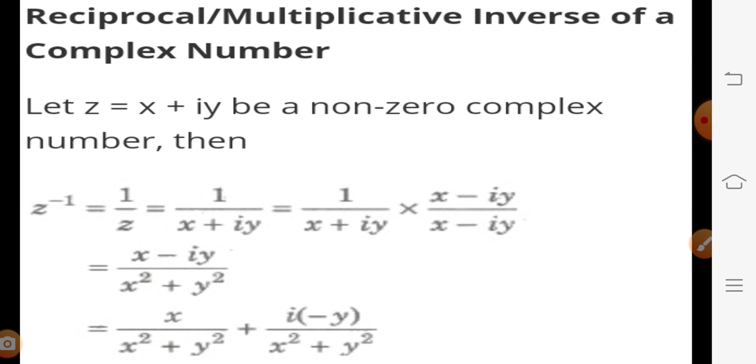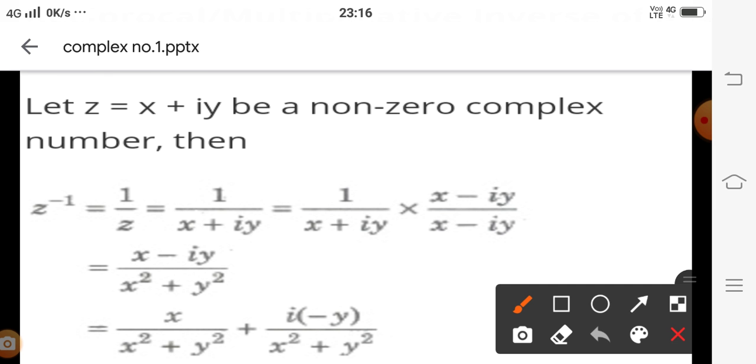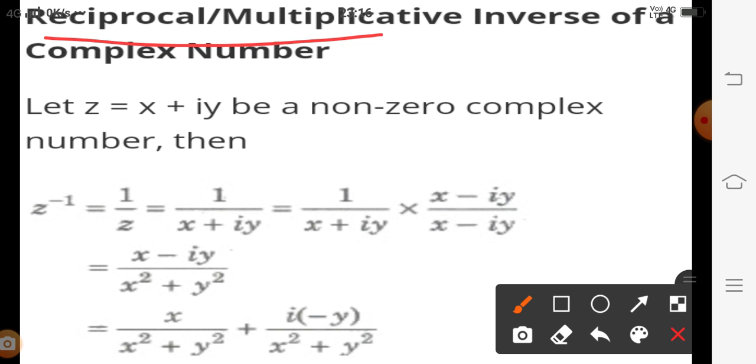Then one more value we have is the multiplicative inverse of a complex number. If you are taking z as x plus iy, then multiplicative inverse means the reciprocal of a complex number. If you are taking the reciprocal, then we represent it by z inverse, z raised to power minus 1, and this is written as 1 upon z.